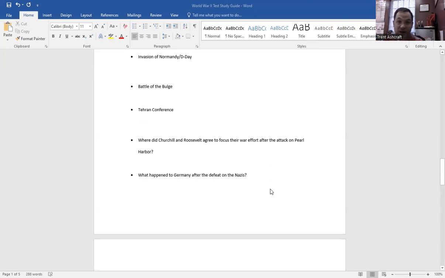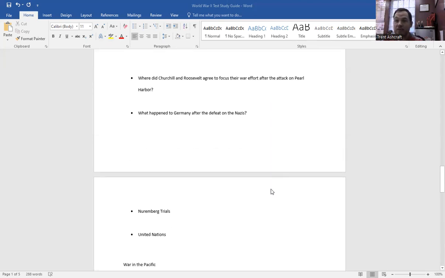After the defeat of the Nazis, there is a meeting at Potsdam, the Potsdam Conference. And this is where the United States meets with a new president, Harry Truman, meets with Prime Minister Churchill and Joseph Stalin.